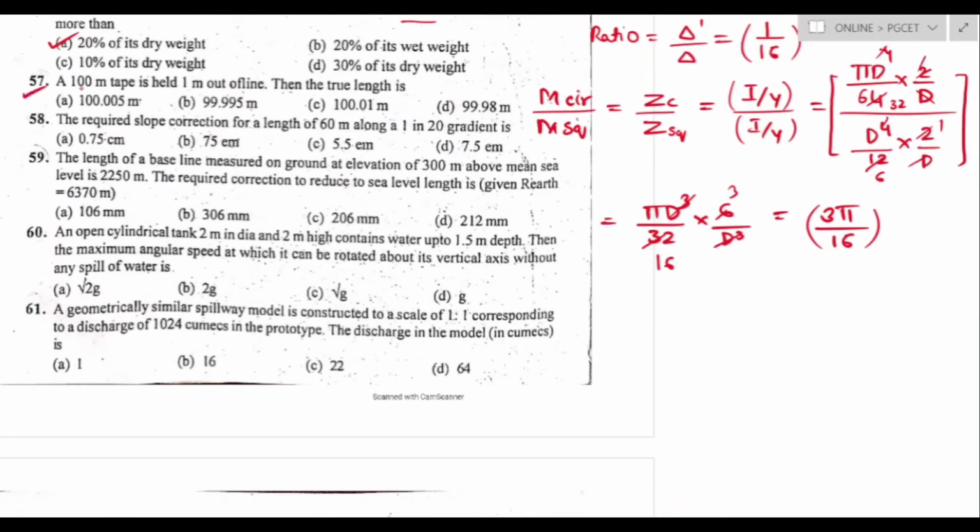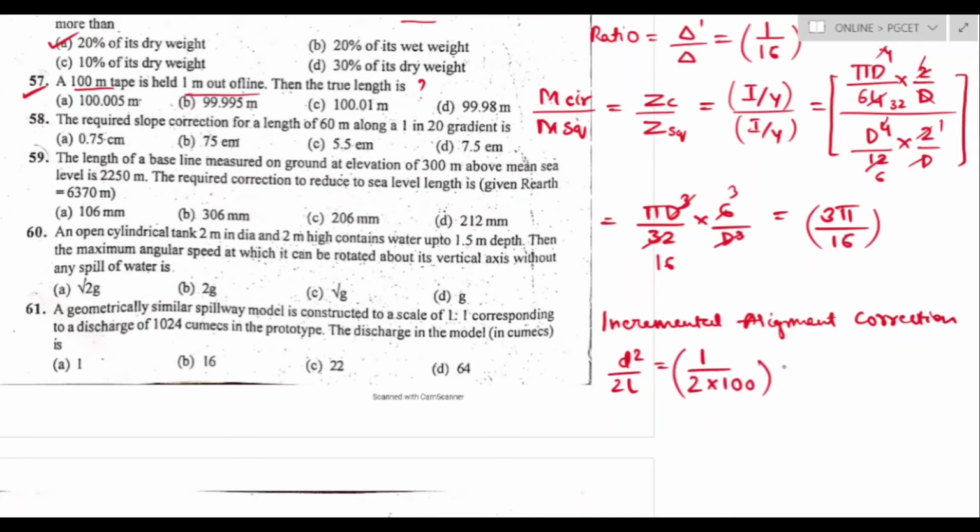Question number 57. A 100 meter tape is held 1 meter out of line, then the true length is. So we have to find the true length by applying the incremental alignment correction. Incremental alignment correction is given by d square by 2l, where d is the difference of the tape, that is 1 meter, and l is the length of the tape, 100 meter, that is equal to 0.005 meter.